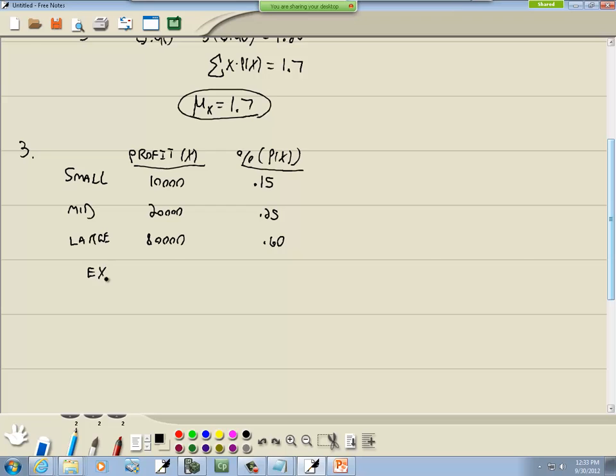Okay, so our expected, what are we talking about? Profit? Yeah, expected profit here is going to equal mu sub x, so mu sub x, which is equal to 10,000 times 0.15 plus 20,000 times 0.25 plus 80,000 times 0.60.